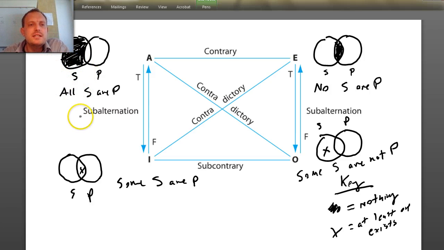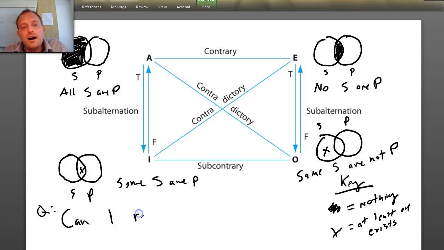Notice the question is, how are we supposed to use Venn diagrams when we test immediate inferences? And this will become very important later on in the next chapter. We test them by asking this question: can I read the conclusion from the premise? And that's such an important question here that I'm just going to write it down because you really need to remember it and write it in your notes.